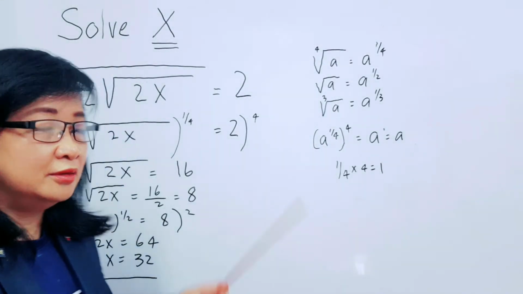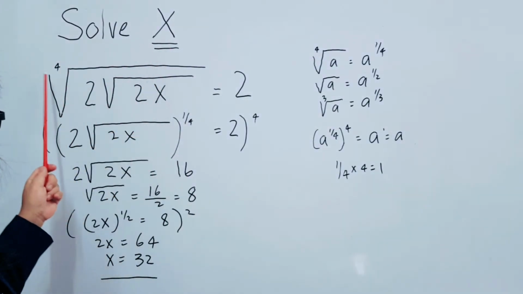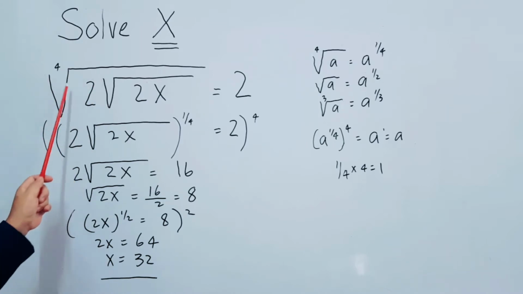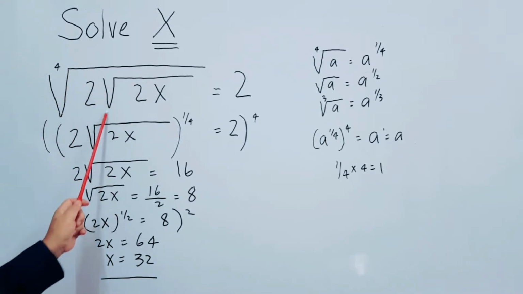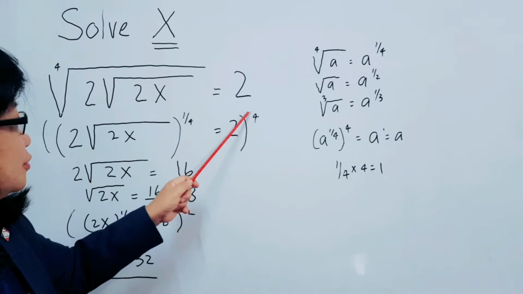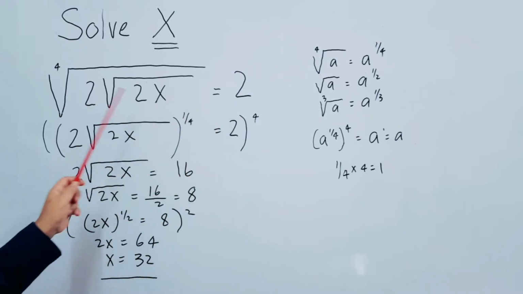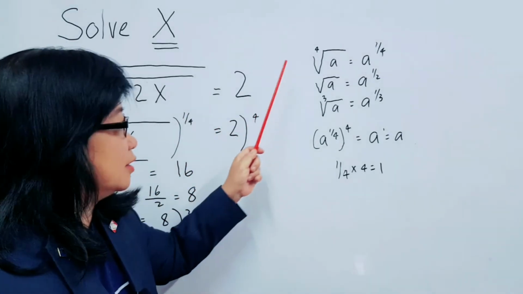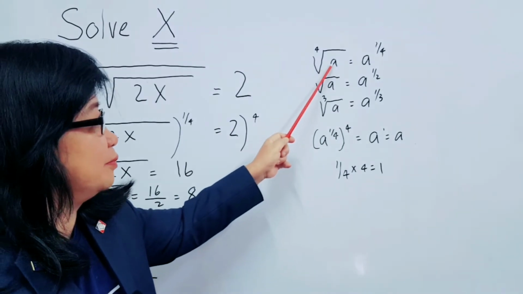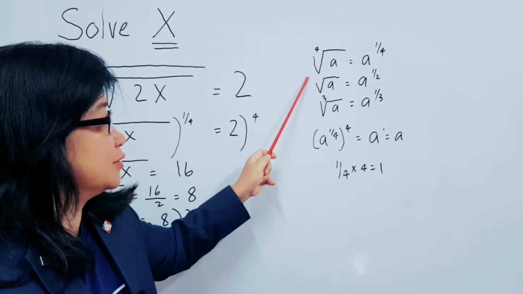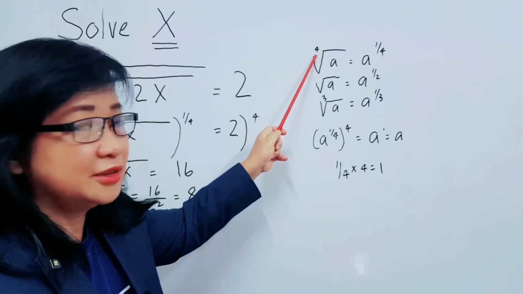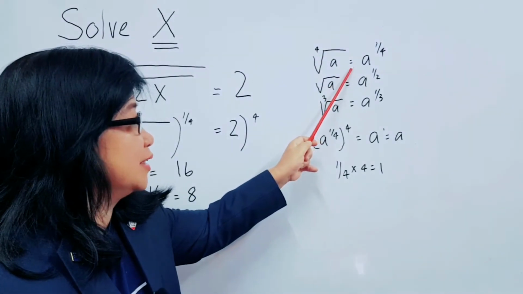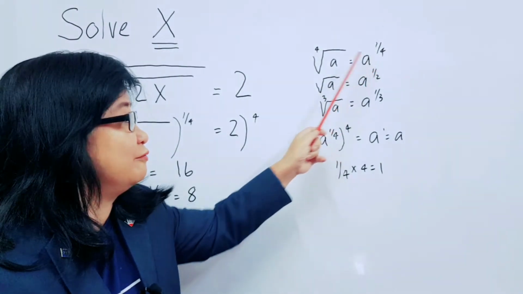First question, solve x. Now we have here the fourth root of 2 times the square root of 2x is equal to 2. So we have to solve for x. Now, we have to take note that the fourth root of a can be written as a raised to the power 1/4.